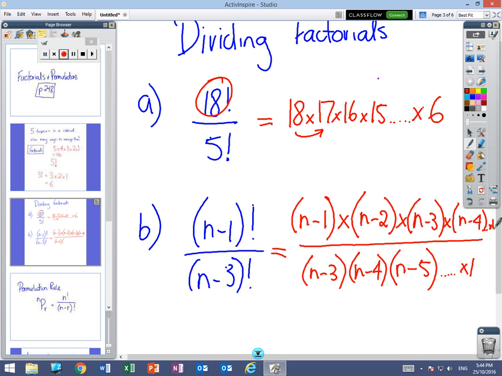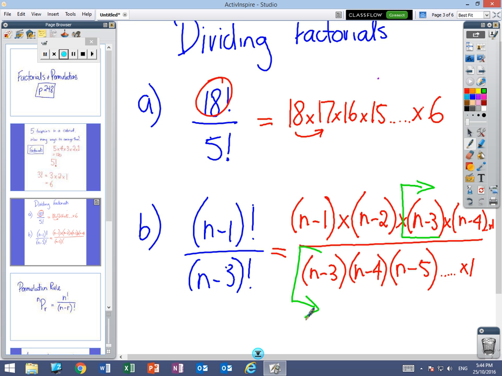If you look at these two, in the same way that we look for where it's the same in the numerator and the denominator, you might notice that this direction is actually the same as what's there on the denominator.